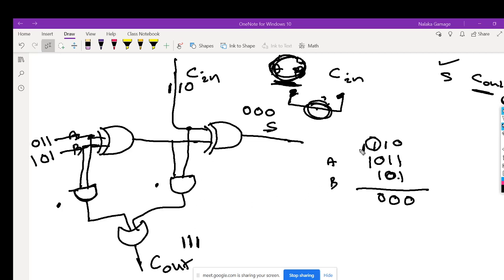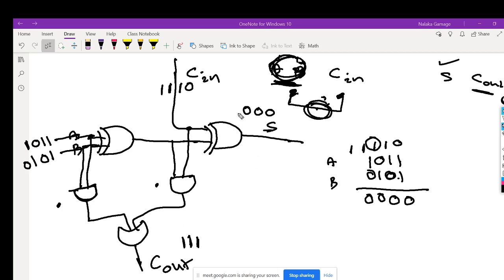Now for the final time, your A has 1, but your B is now 0. Your carry is again 1. Now again it will be sum as 0, carry is 1.